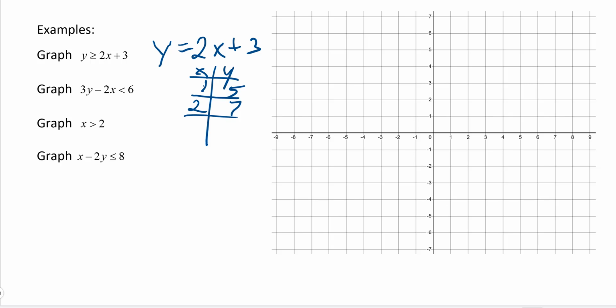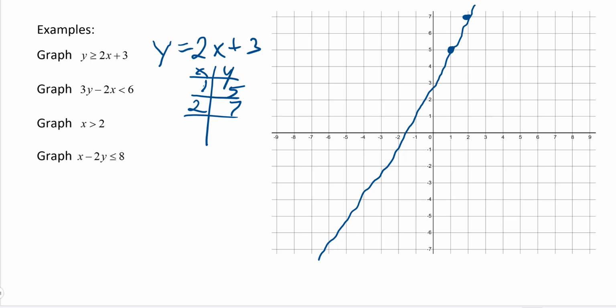So (1, 5), (2, 7). Draw the line that connects them. You want to be a little more careful than I'm being here. It'd be good if you had some kind of straight edge to draw it with, but this is good enough for our purposes. So you draw the line that connects them.